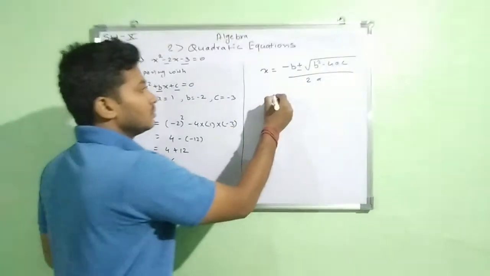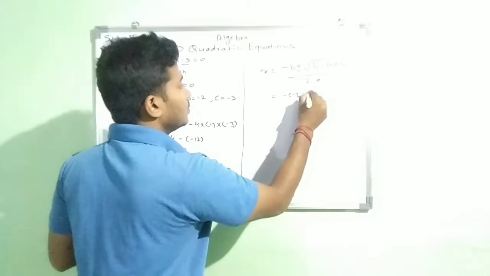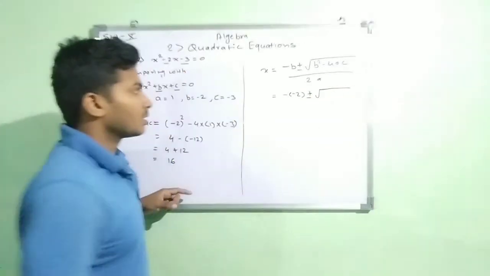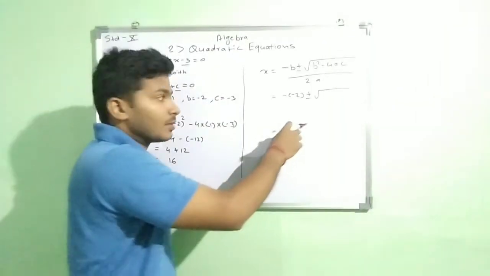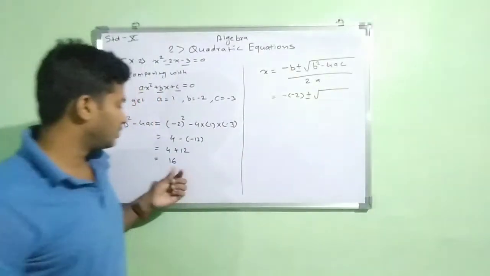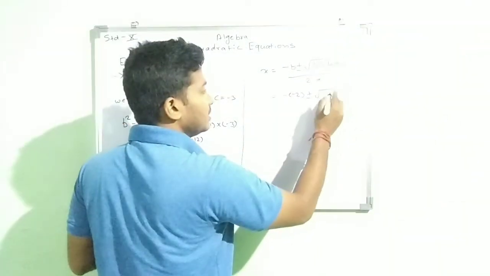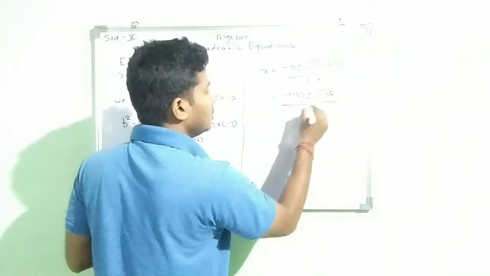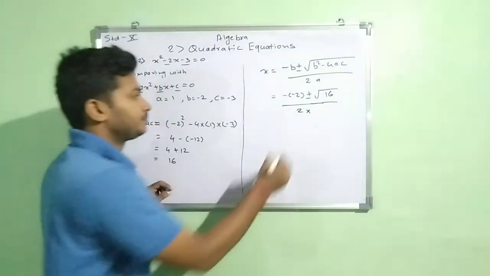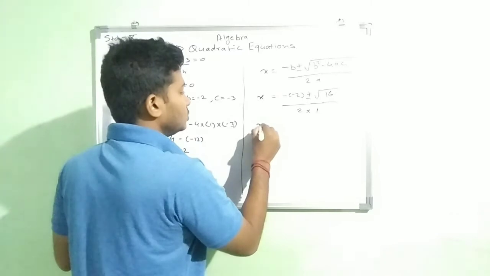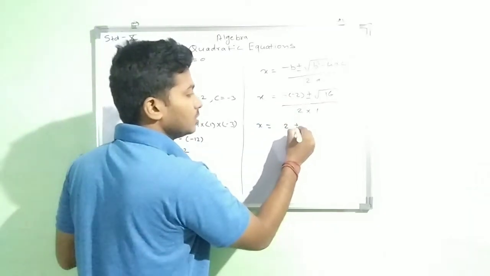The value of b is minus 2 plus or minus under root, the value of b square minus 4ac, which is 16, upon 2 multiplication, the value of a is 1. So x will be equal to, that negative sign multiplication will become plus or minus.